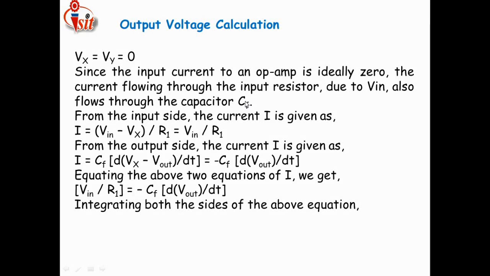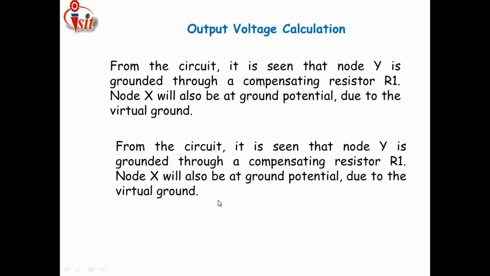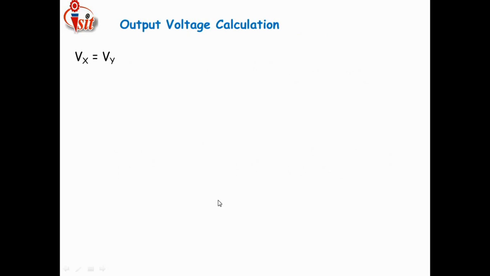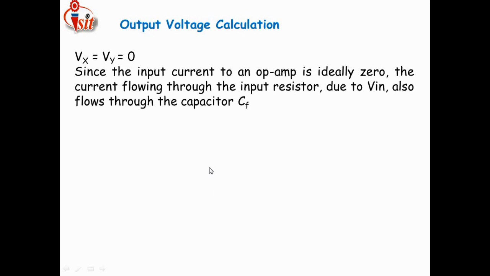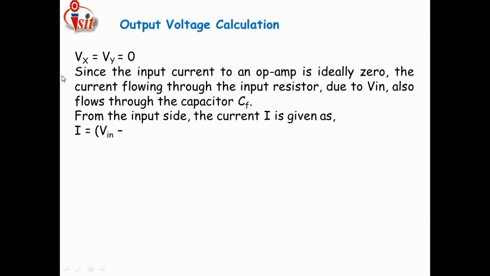CF. CF is the feedback capacitor. From the input side, the current I is given as, how are we going to calculate that current? Current I is equal to voltage divided by resistance, that is I is equal to V divided by R. Then V is nothing but the voltage difference between the two input voltages.